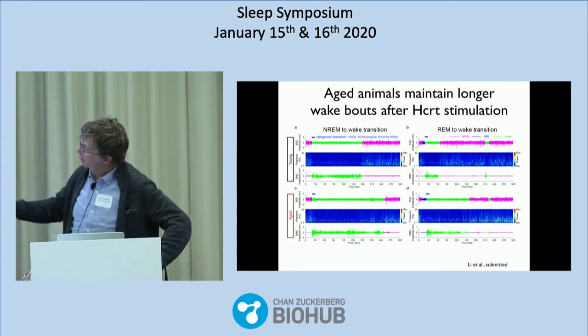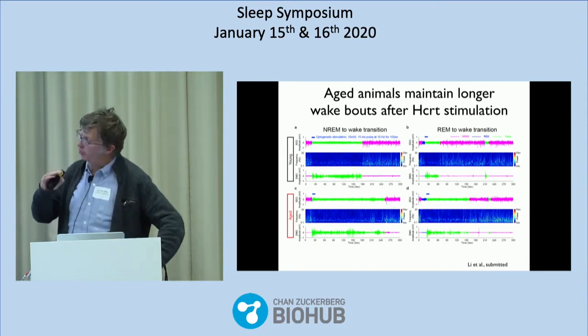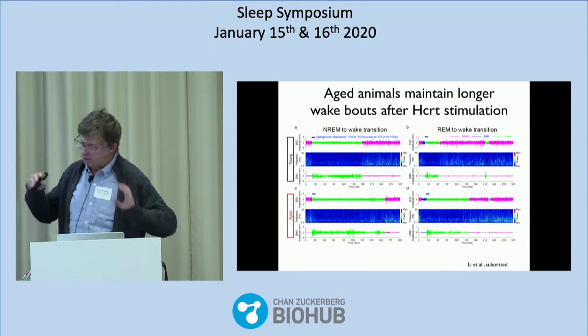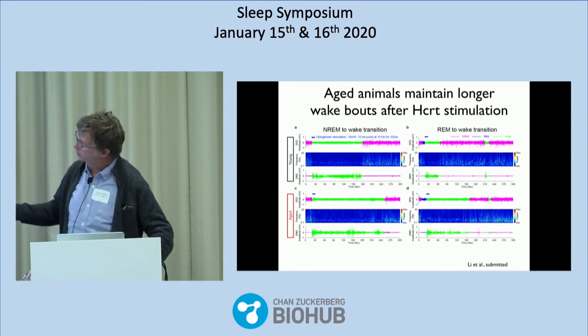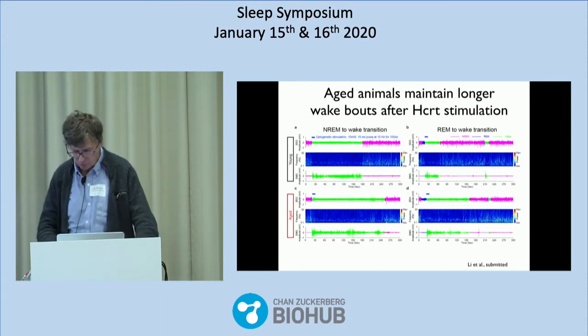But the length of the wake bout in aged animals was much, much longer than in young animals. So essentially, there were fewer hypocretin neurons, but they were very efficient at inducing sleep-to-wake transitions. And something in the circuit was affected so that a single stimulus evoked a much longer response.